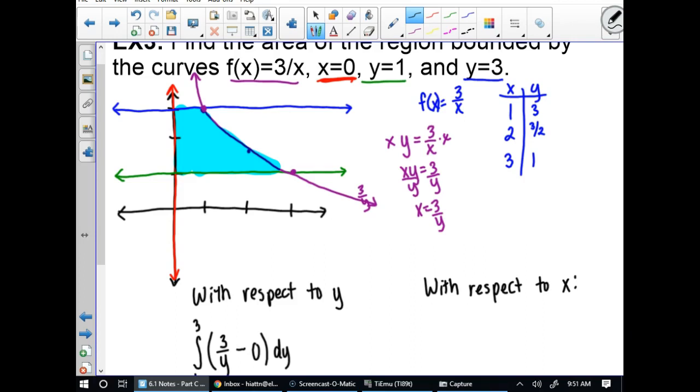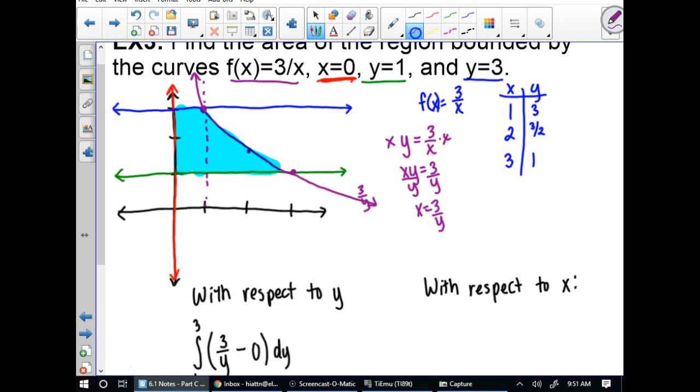If it's with respect to x, we're no longer thinking right minus left. We're thinking top minus bottom. So is the same function always on top? It is not, because right here it switches. That means we're going to have to do 2 separate integrals for this.